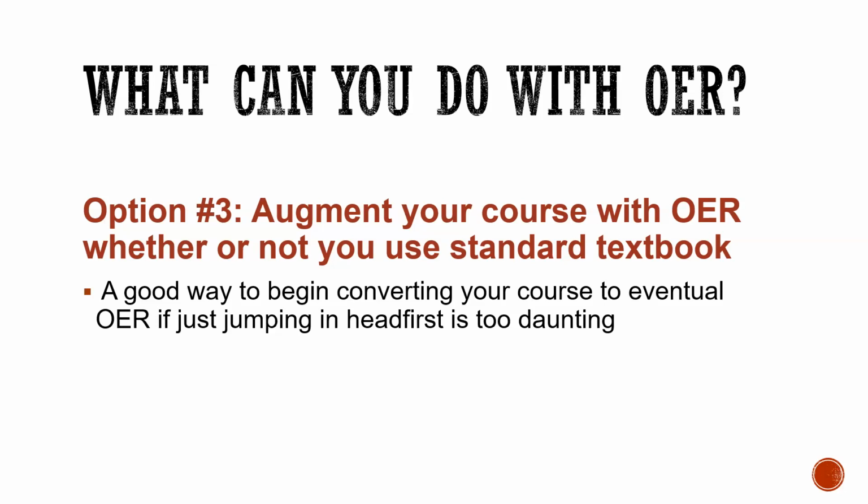This is a good way to begin converting your course to eventual full OER. Perhaps in one semester you'll convert half of your course, and the next semester the other half, or a third at a time. This is a way to start building towards OER without having to jump fully in at the start of a semester.